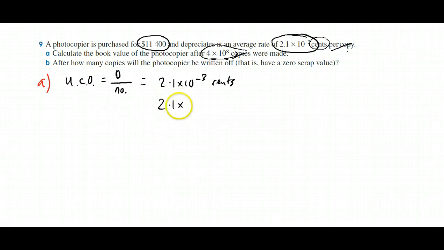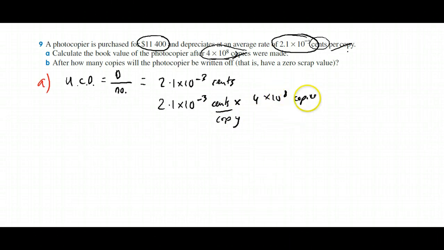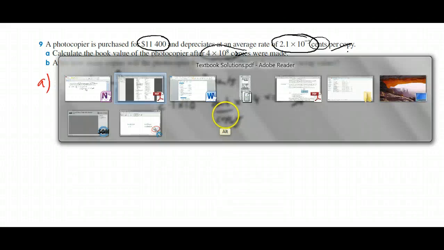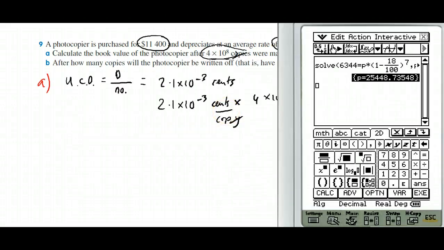So let's do 2.1 times 10 to the negative 3 cents per copy, and multiply that by 4 times 10 to the power of 8 copies. The copies will cancel out, we'll get our answer in cents. Let's put that into the calculator.